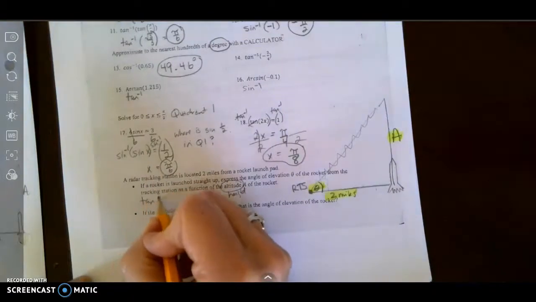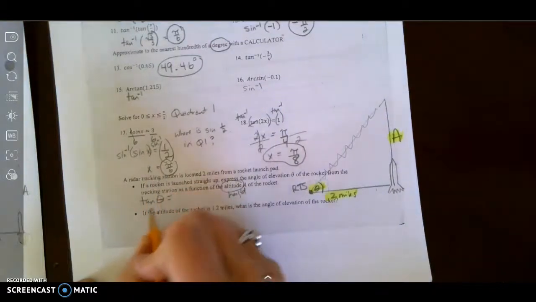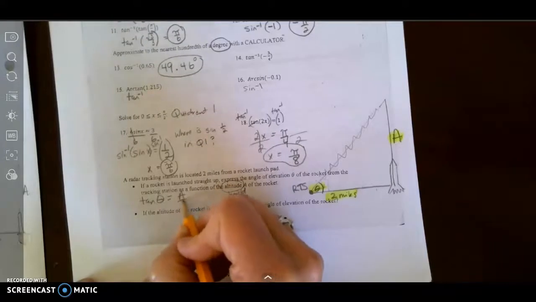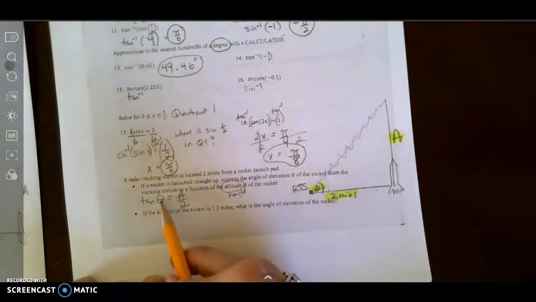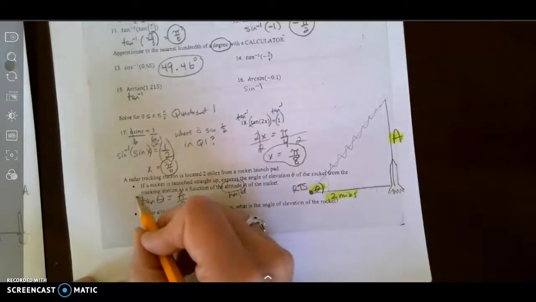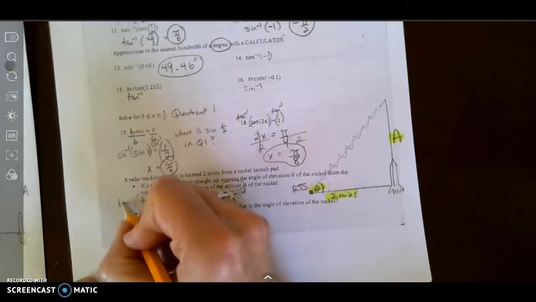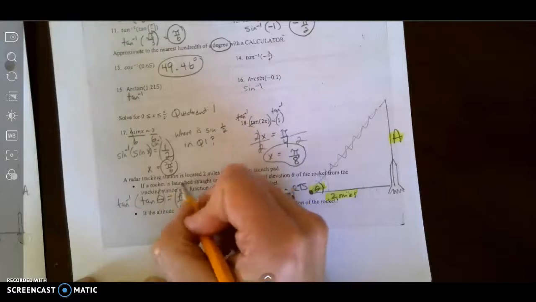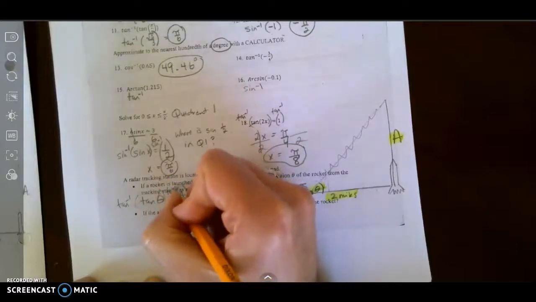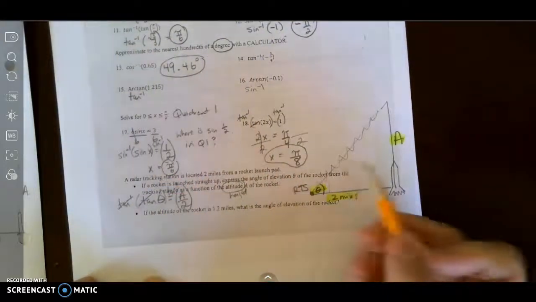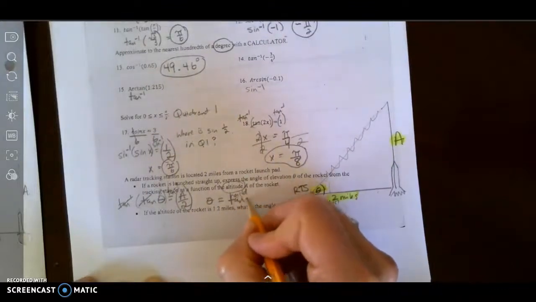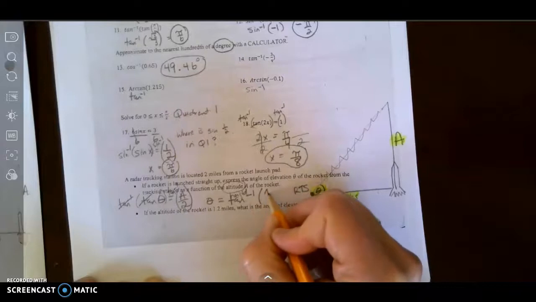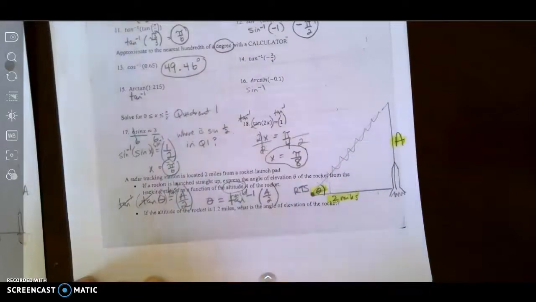So the tangent of theta equals A over 2. So if I was to try and solve for theta, I would take the inverse tangent of both sides. And I get that theta equals the inverse tangent of A divided by 2.